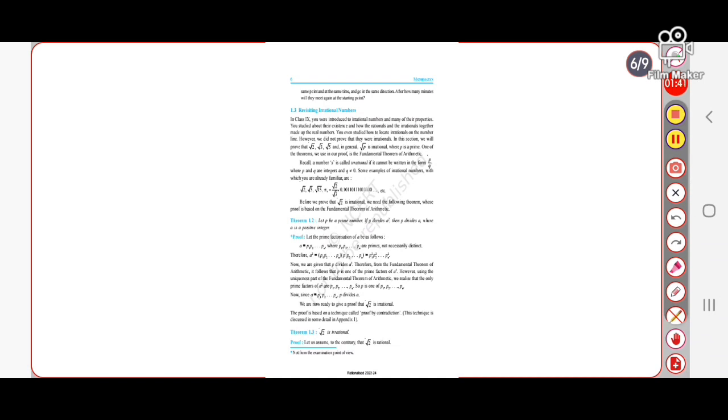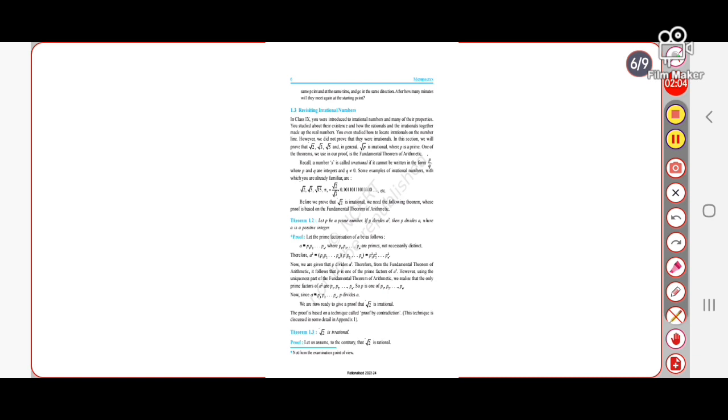Irrespective of the number given, in all the cases we need to assume that the given number is rational.